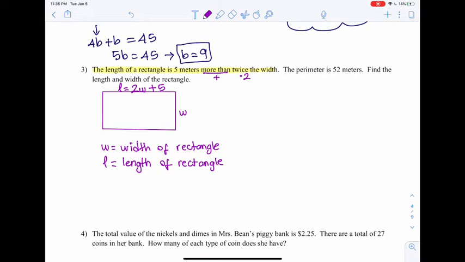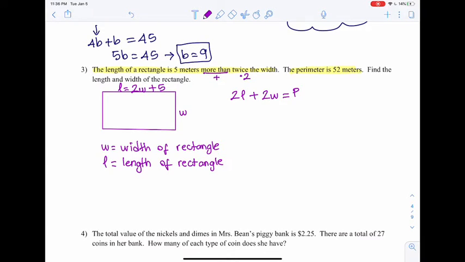And now we can create our equations. The first equation will be for the perimeter of the rectangle, which we know: 2L plus 2W is equal to the perimeter.